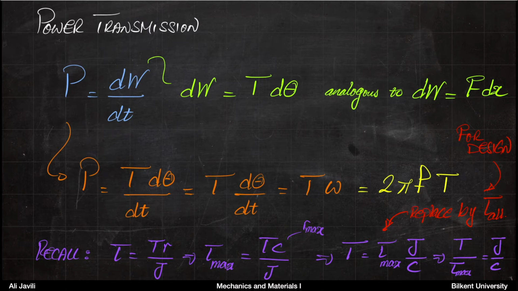Now, if you reorder these terms, you may also express it like this. You can say T is equal to tau max J over C. And then again, for design, tau max is usually the maximum allowable stress that you have, and you can also calculate that from failure stress divided by safety factor.